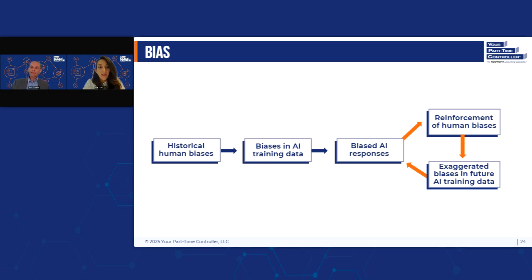So as you can see with bias here, when we talk about it, we're referring primarily to the potential AI has to perpetuate and even exacerbate social and cultural biases. The written and visual records of human history are littered with biases of all sorts. And when AI models are trained on data sets that are weighted towards those historical biases, they can't help but express them when responding to our prompts.